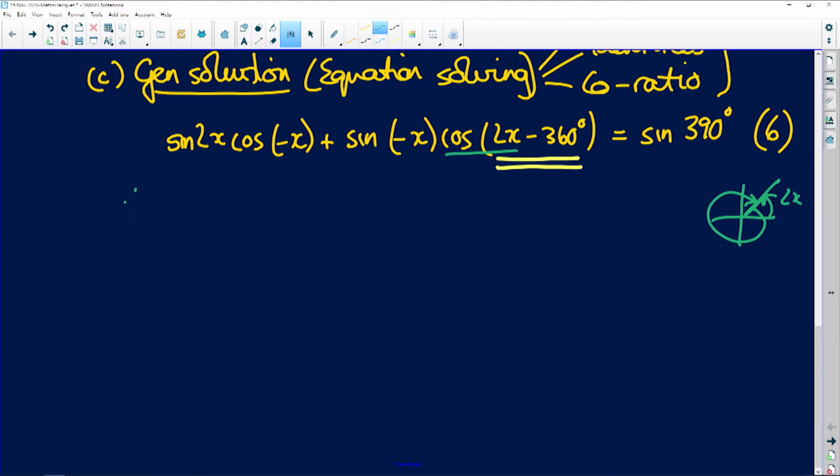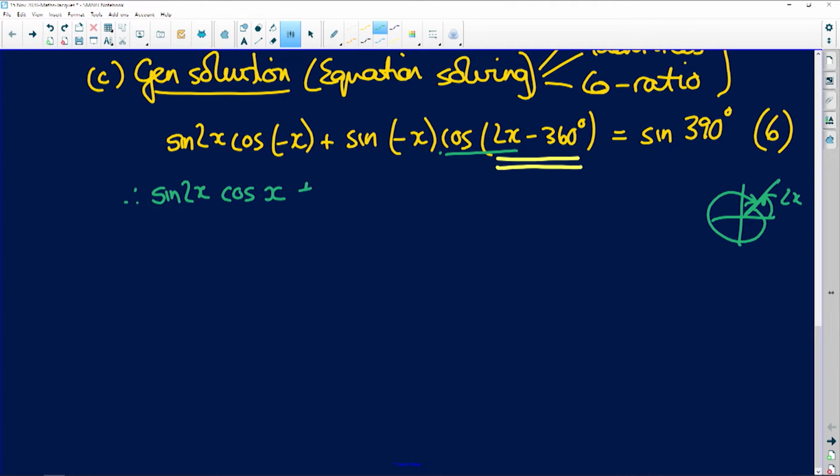Okay, so let's start here. The sine of 2x, this is a 4th quadrant angle where cosine is positive, leaves us with a cos of x. Here I'm going to deliberately change these two around. It's a product. So 2 times 3 and 3 times 2 gives me the same thing.